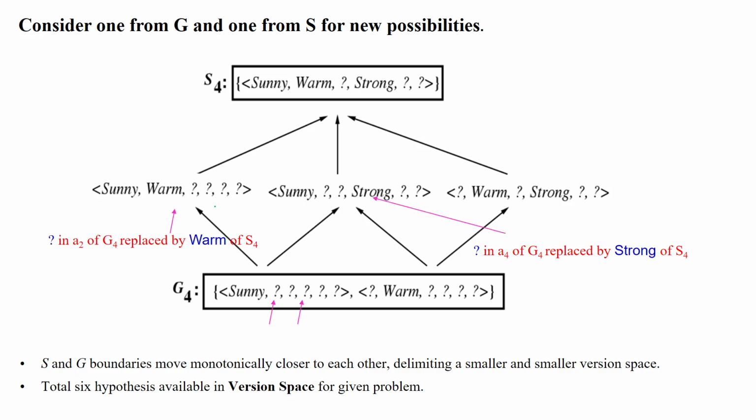Finally you will get the non-minimal generalized hypotheses and non-minimal specialized hypotheses, three hypotheses. Here specific hypothesis 1, general hypotheses 2, totally we have 6 hypotheses in the version space of the given data set D.